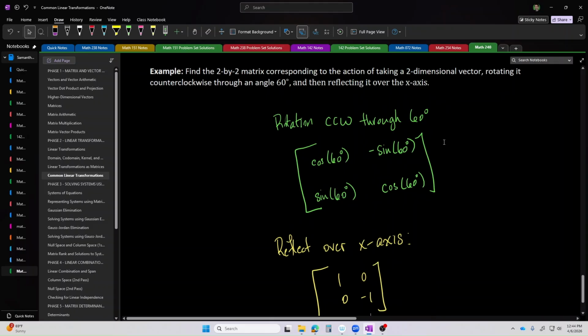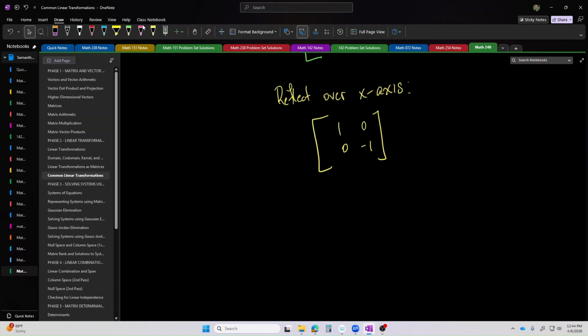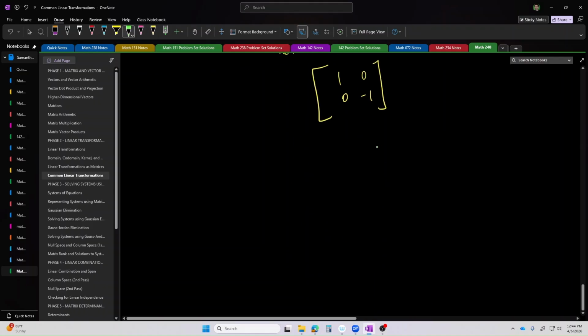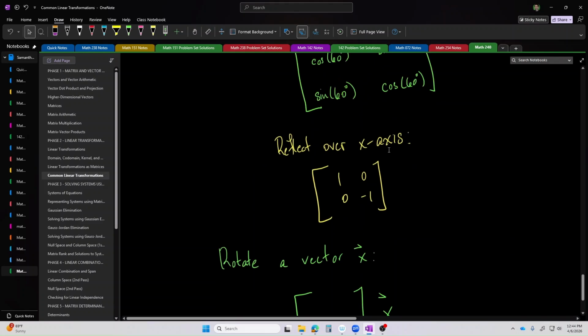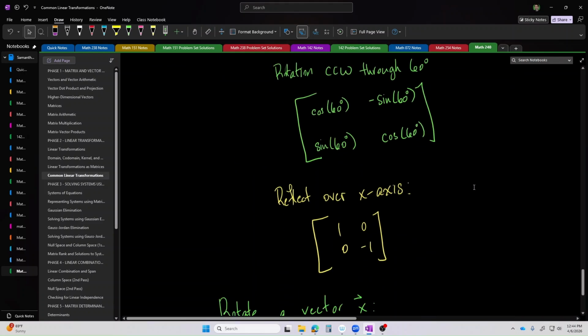So now let's think about what would be involved in applying these two actions back to back. If I wanted to rotate a vector x, then I could do that by taking the vector x and left multiplying it by this rotation matrix given here in green.